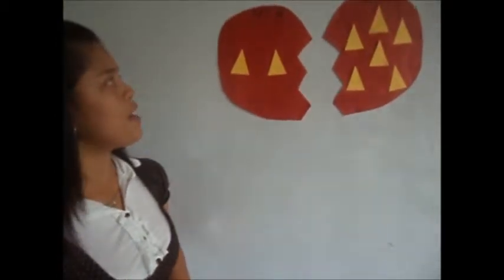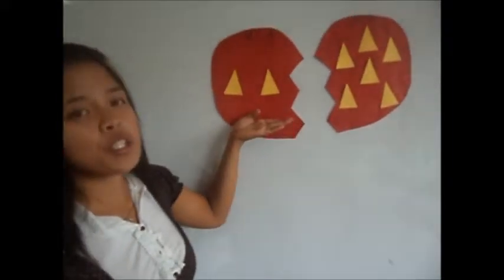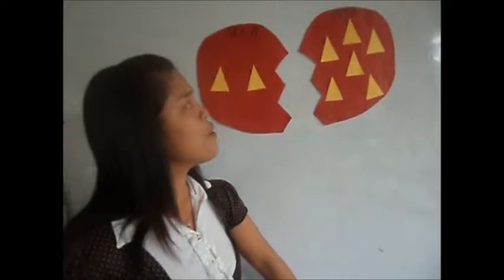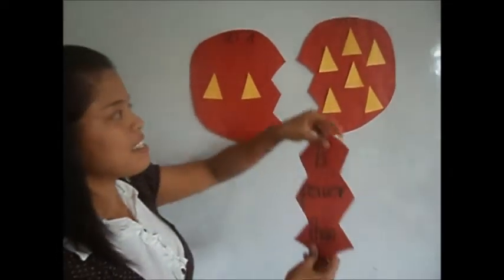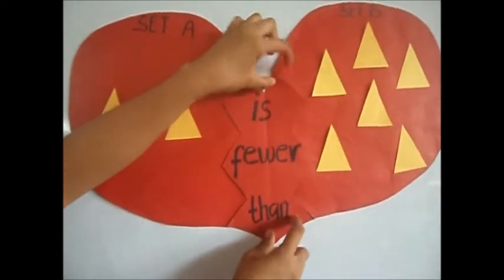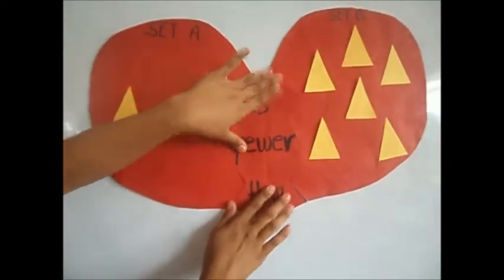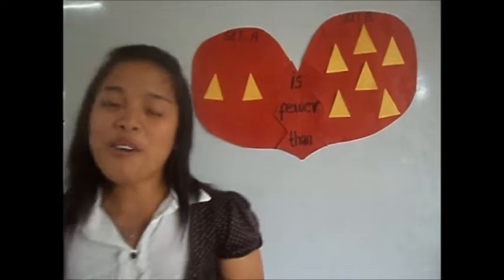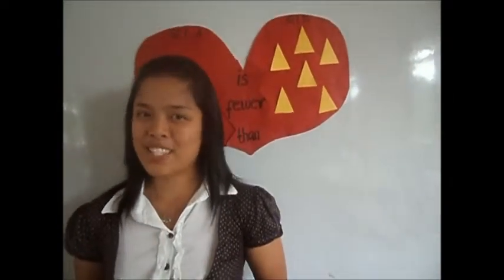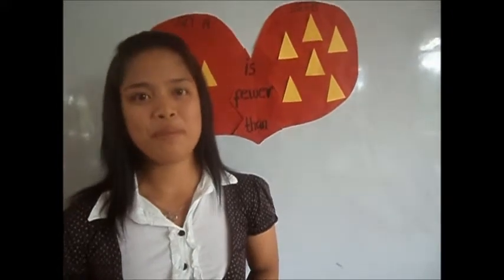Now therefore, 2 triangles in set A is fewer than 6 triangles in set B. Very good. Now this heart was fixed. Thank you for helping me.